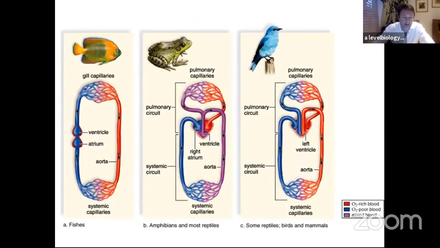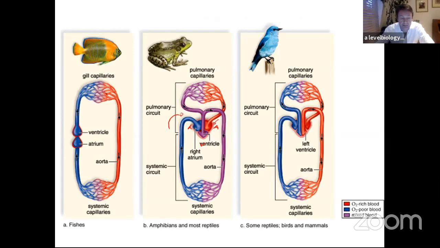Just a point of an odd one, some amphibia have got a single ventricle and 2 atria. Now, how this works is you have deoxygenated blood coming in from the systemic circulatory system, and you've got oxygenated blood coming in from the pulmonary.